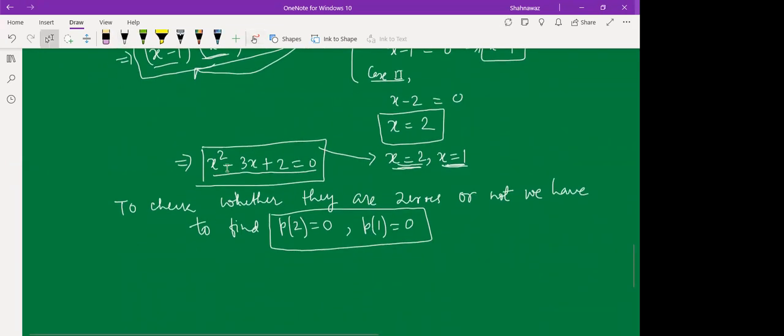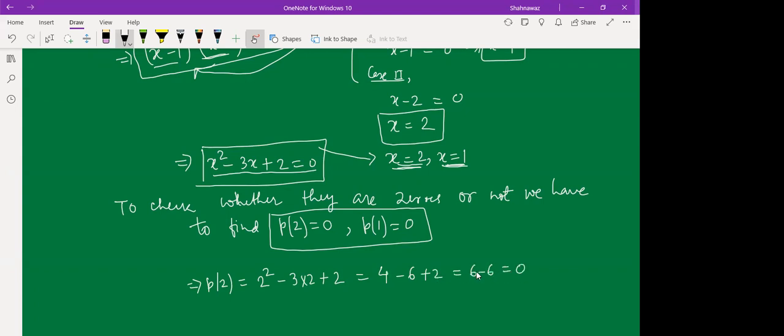So let's put x equals to 2 in here. So this is the P(x), right? If I put x equals to 2 here, P(2) will be 2 square minus 3 into 2 plus 2, which will be 4 minus 6 plus 2, and this is 6 minus 6.